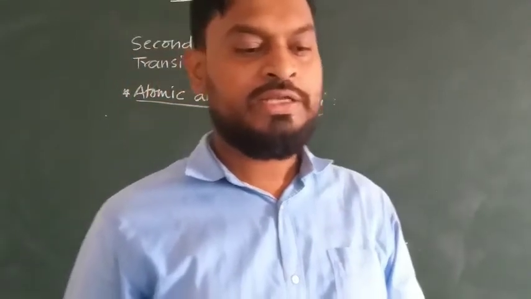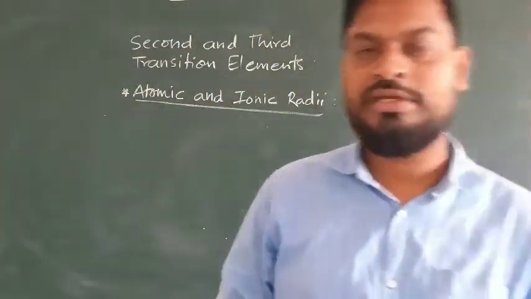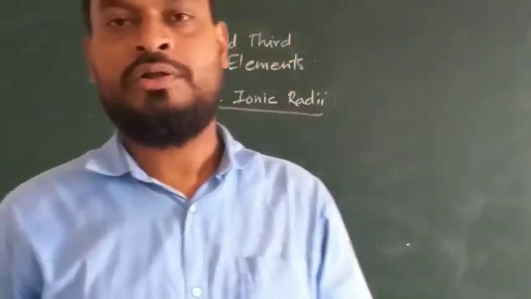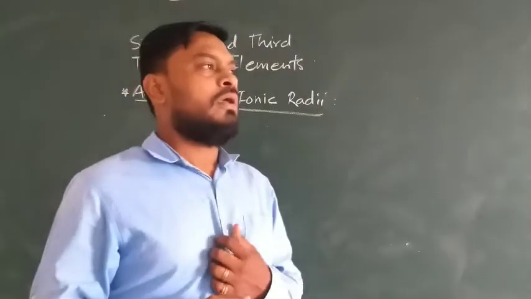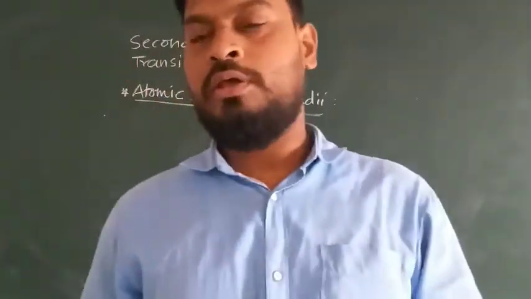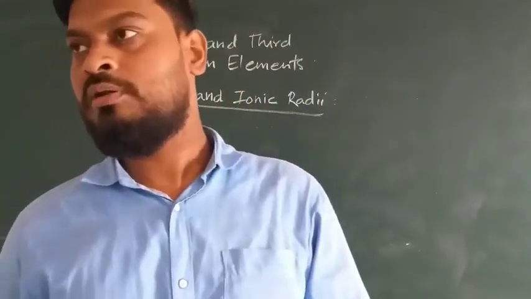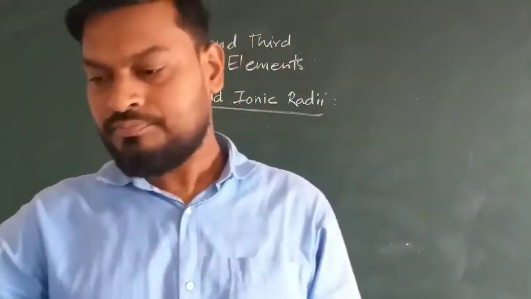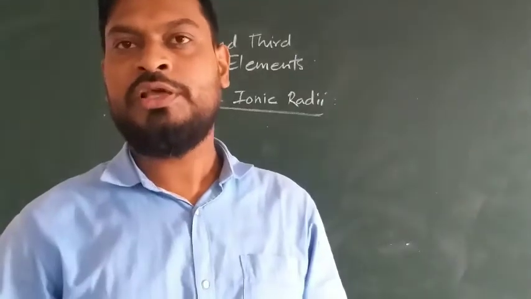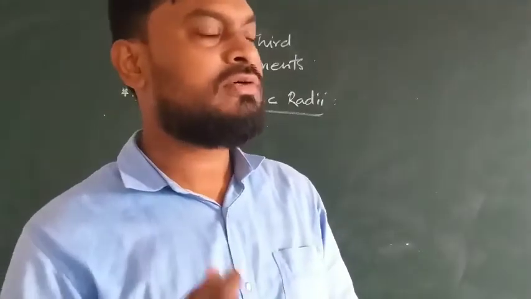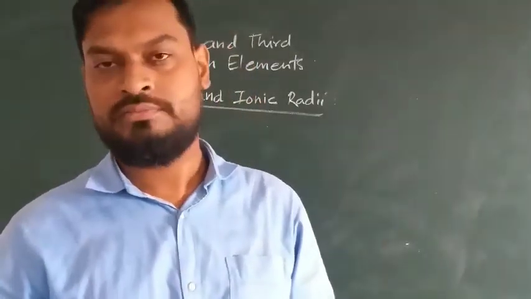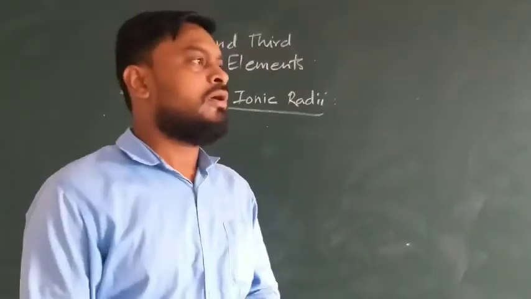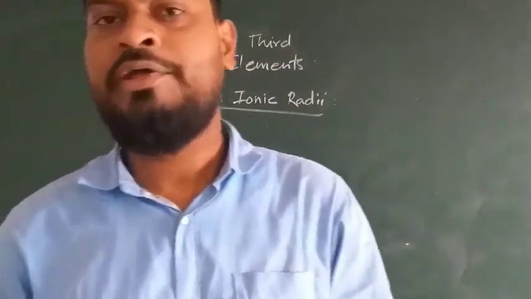That distance is called the atomic radius of that element. And if you want to recall the definition of ionic radii, it is also the distance between the nucleus and the outermost electron of the ion. The distance between these two is called the ionic radius.